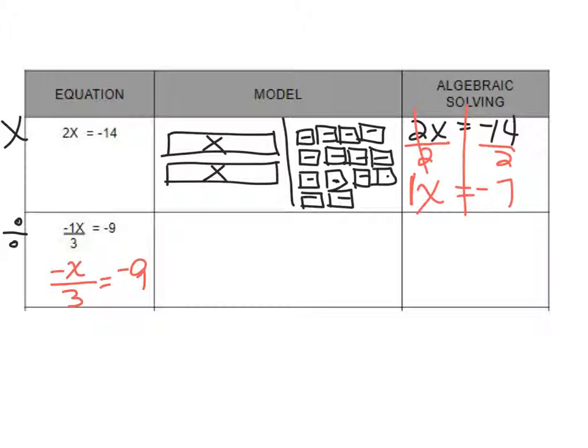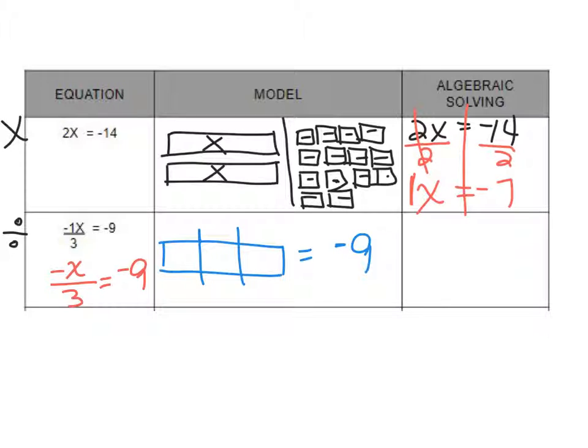That's the same thing, because now you're dividing by 3. In order for me to show that work, I need to show my model first. So I have an x, but that x is divided into 3 parts. Then that is going to equal negative 9.